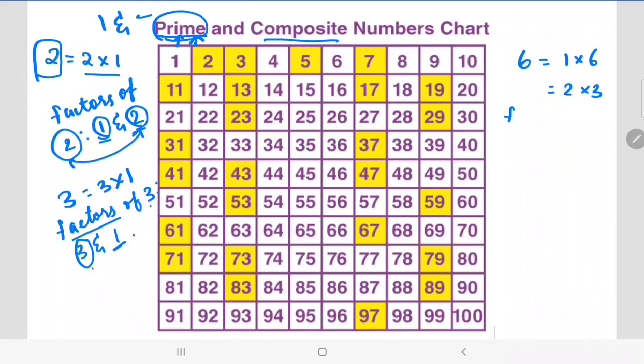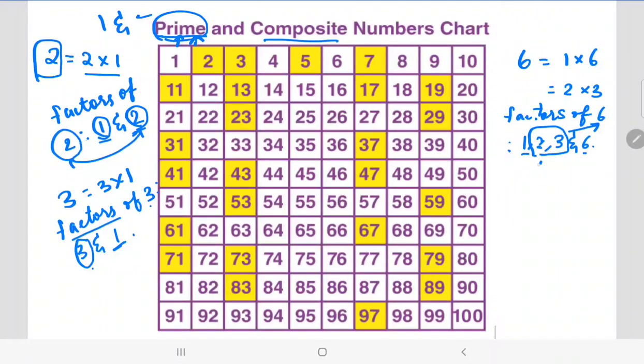Here we can say the factors of 6 are 1, 2, 3 and 6. So 1 is a factor, 6 is also a factor, but 2 and 3 are also factors of 6.